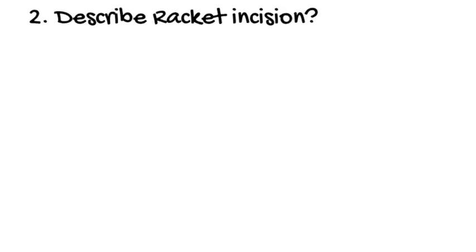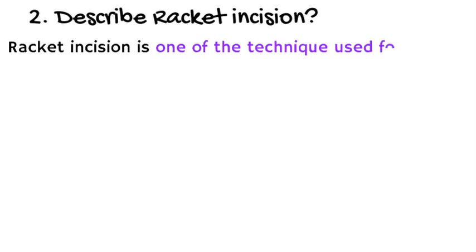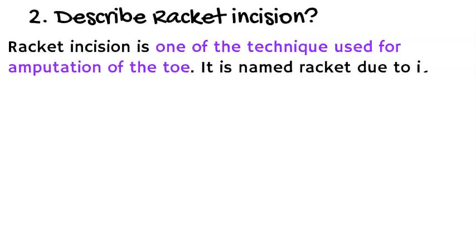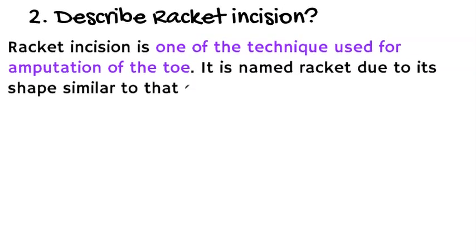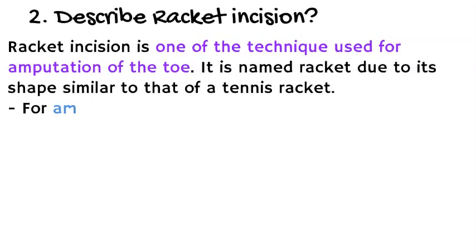Number 2. Describe racket incision. Racket incision is one of the techniques used for amputation of the toe. It is named racket due to its shape similar to that of a tennis racket.